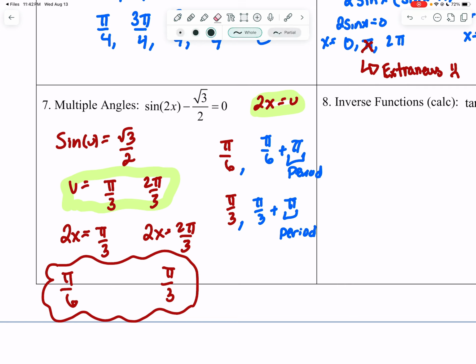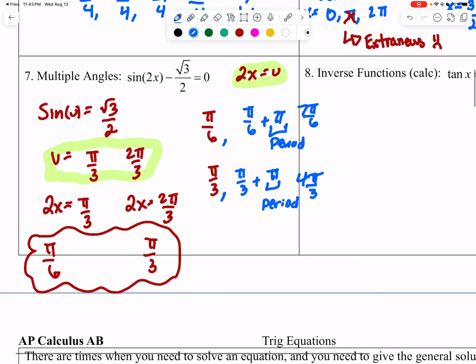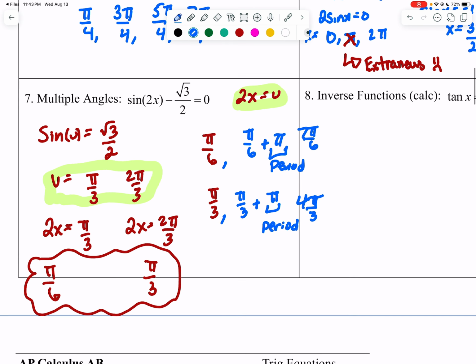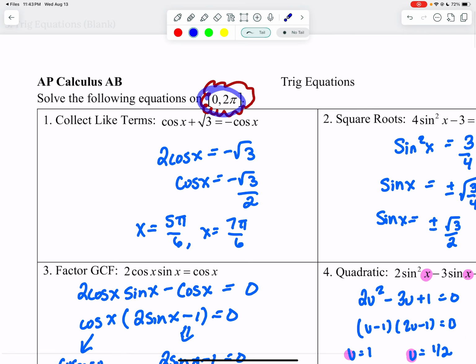This should be easy for us to probably simplify, so we'll get a 7 pi over 6, and then we'll get to 4 pi over 3. So anytime we have multiple angles here, what we are going to do is go ahead and use substitution, and then don't forget to account for the period, since our equation says 0 to 2 pi.